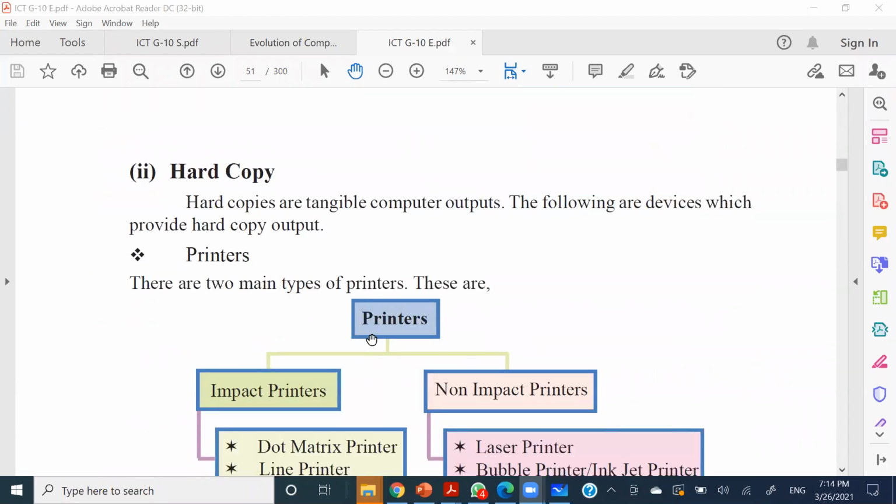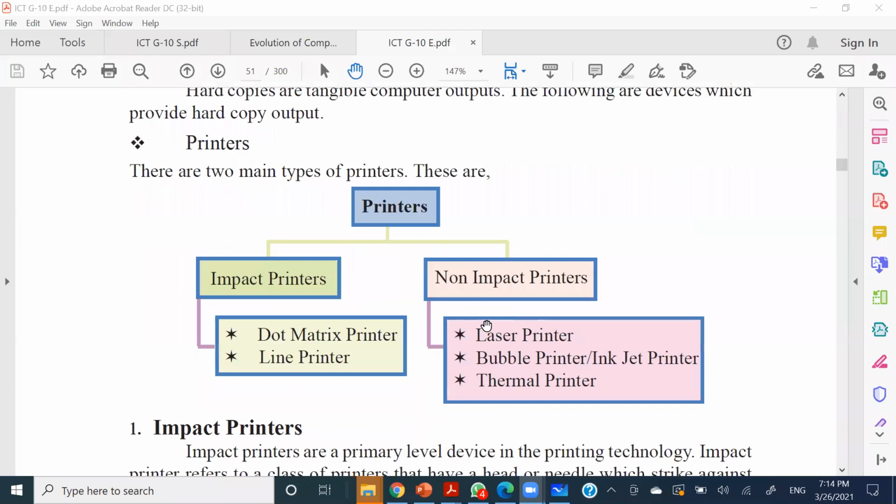Okay, so next is about the hard copies. Now when it comes to the hard copies, I told you it's the printers that give us the hard copies, but there are various types of printers. These printers are categorized into two different categories, which we call impact printers and non-impact printers, right?